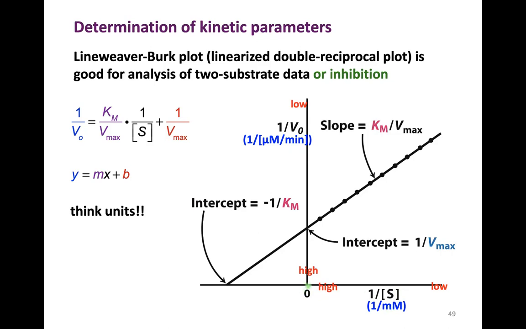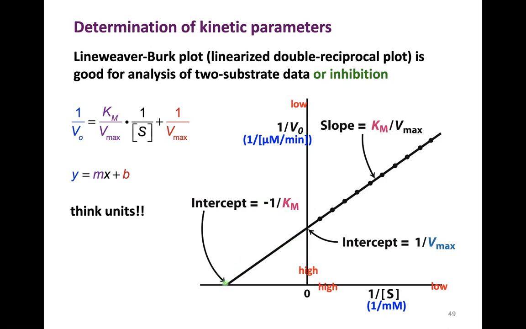It is important to note that as you begin to approach the origin, the values are getting high because this is a double reciprocal plot. As you go further and further away from the origin, the values go down. So in the Lineweaver-Burk plot, the x-intercept is minus 1 over Km.